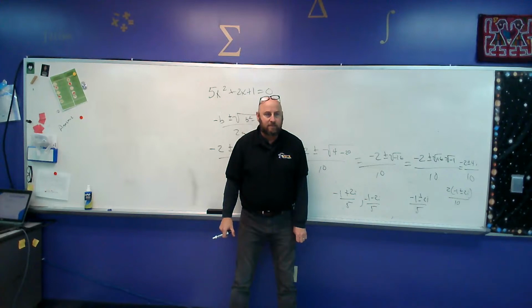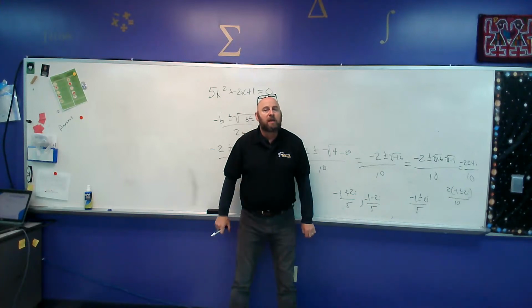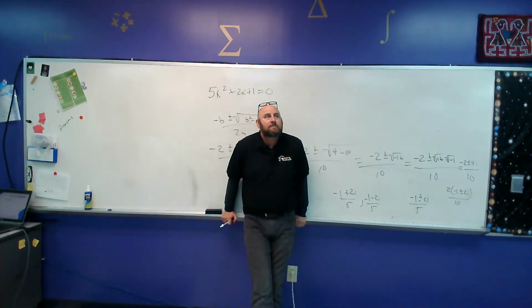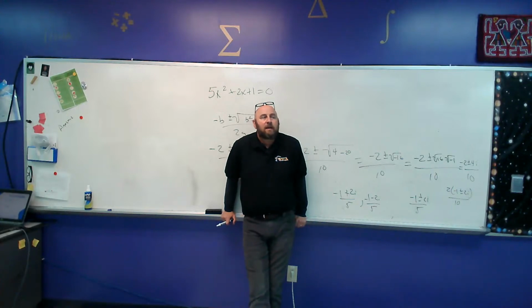So does that make sense? If you get a quadratic that you cannot factor, and so you do the quadratic formula and you end up with a negative square root, in the past you've always said, oh, well, that's undefined, we can't have it, right?